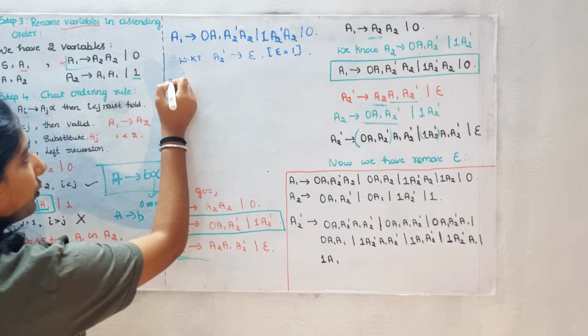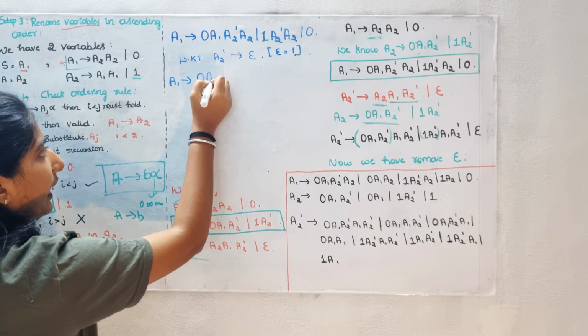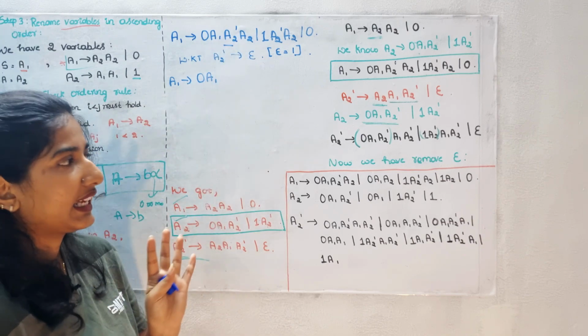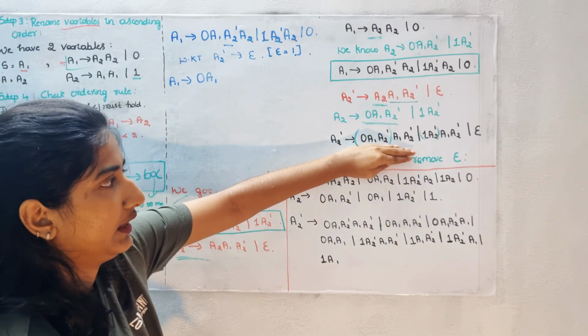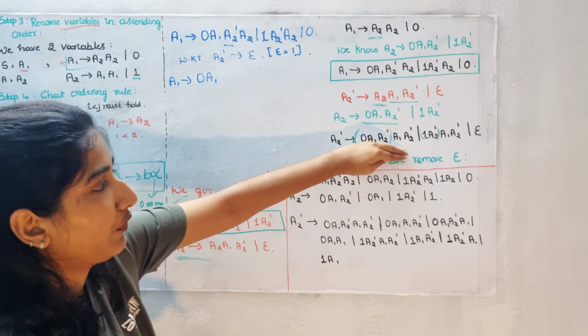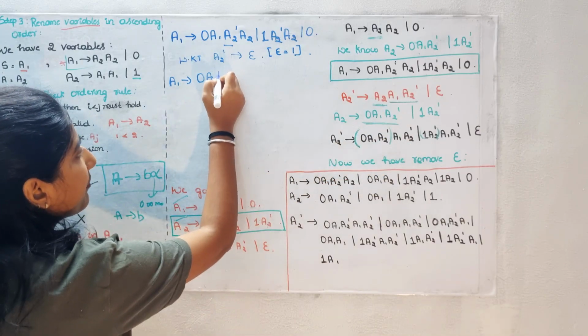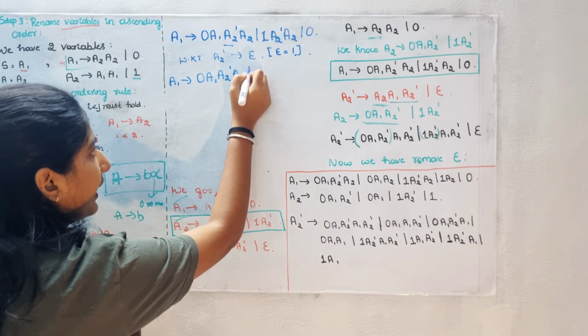So what I am going to do is A1 derives 0, A1. So here I have A2 dash. So let me take like this. In one case, the value of A2 dash is this one. So it will be same A2 dash or A2.